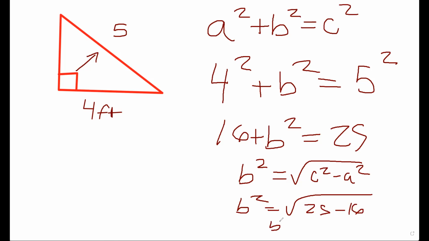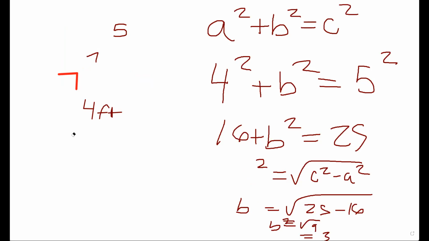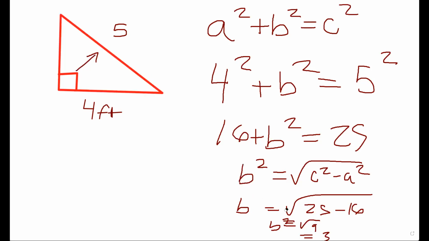This is going to get us the square root of 9. B equals the square root of 9, which is 3, right? We get back to where we were. And so that's how you find missing sides of a triangle using Pythagorean theorem, missing legs or missing hypotenuses.